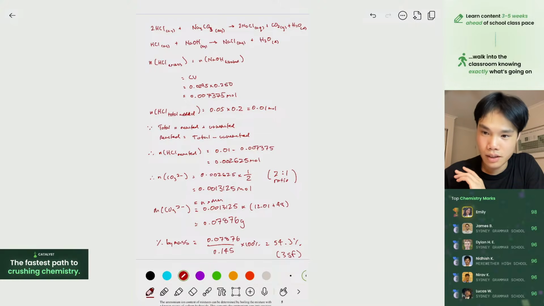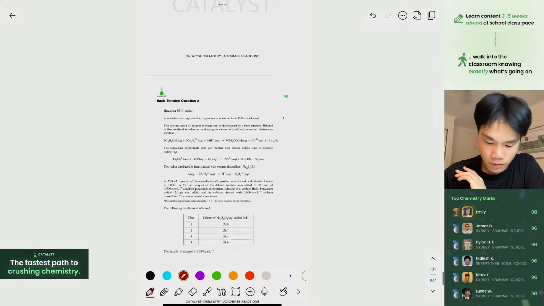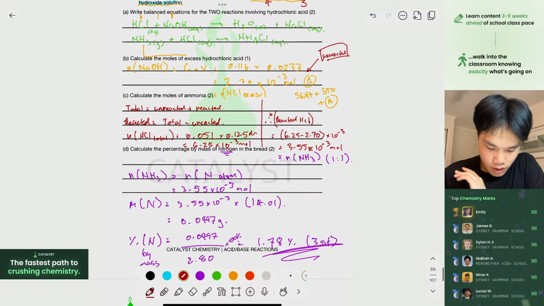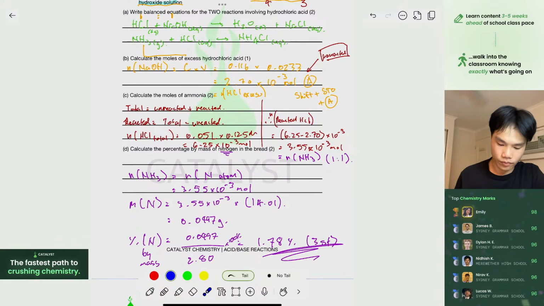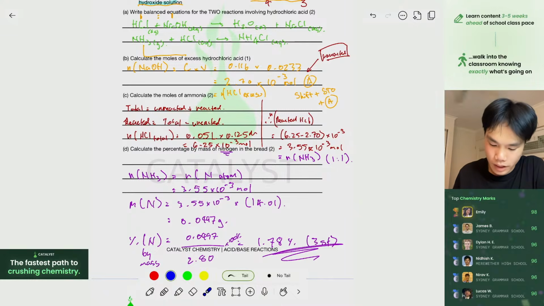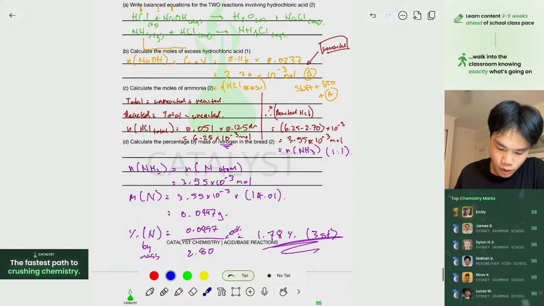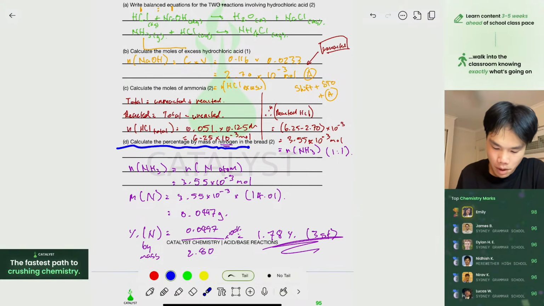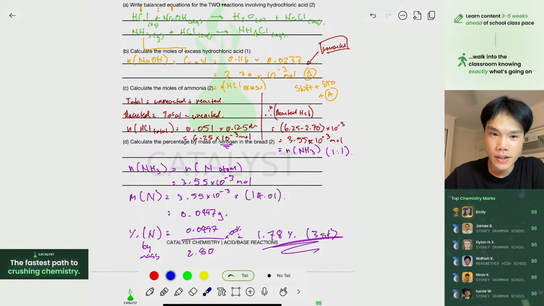All right, cool. Jumping back for you, Tommy. The last part, starting from the question again: calculate the percentage by mass of nitrogen in the bread.